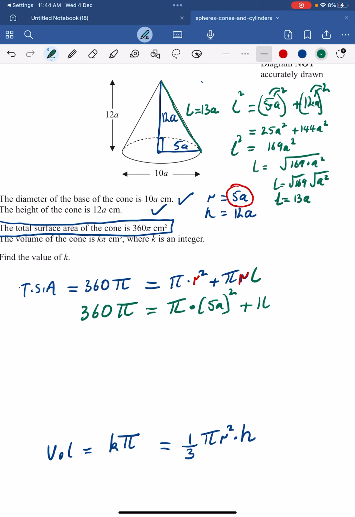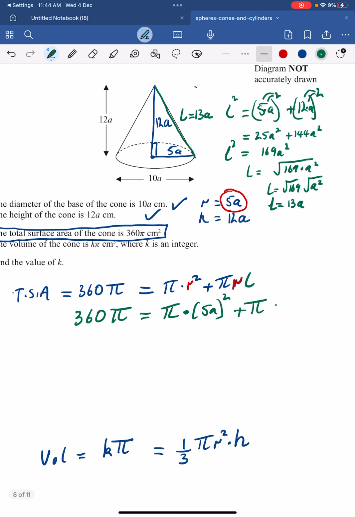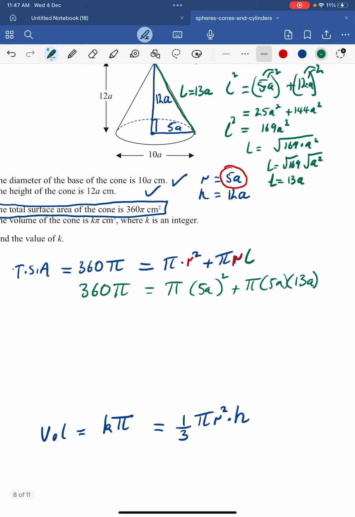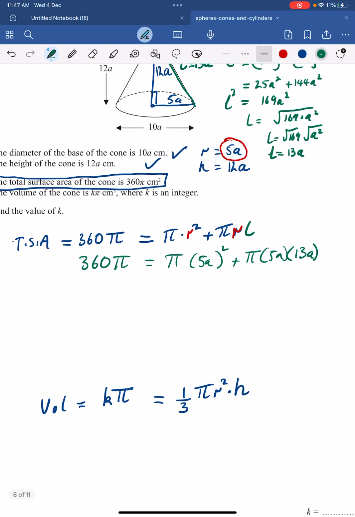Plus pi times r times L. Okay, let's go ahead and work on the total surface area. 360 pi equals pi, and we're going to substitute in the radius, which is 5a, and we square it, plus pi times the radius, and then times the sloping height, the L, or the slant height.